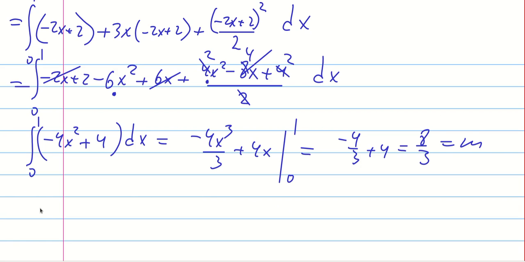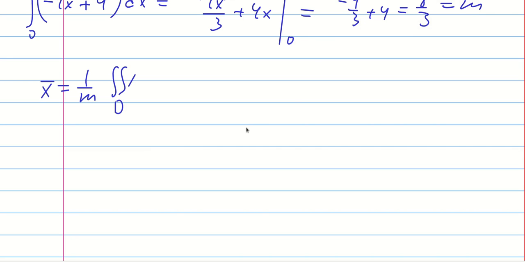So now we can set up our x bar. Our x bar is equal to 1 over m times the double integral over D of x times rho of xy dA.